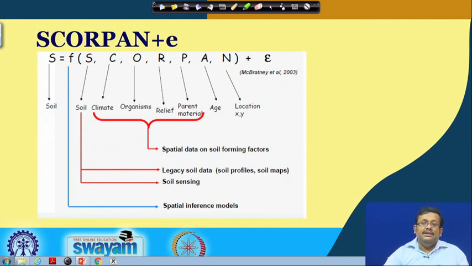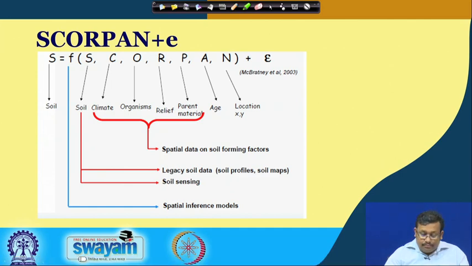We are basically using this SCORPAN+e model to give a quantitative relationship to a particular property of a soil at a particular place. So, this SCORPAN+e model is the basis for every digital soil mapping product.